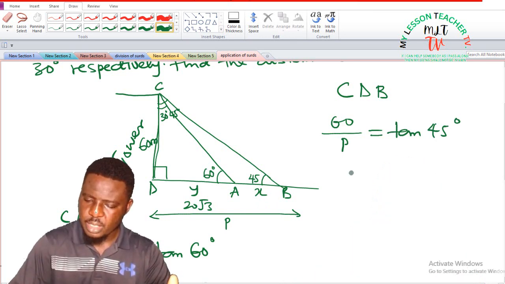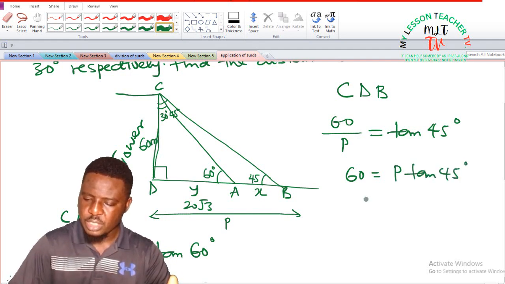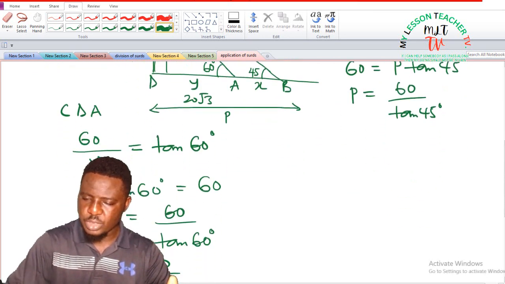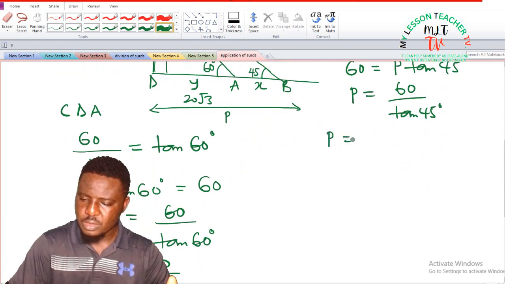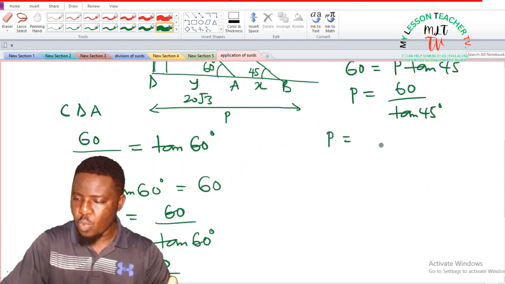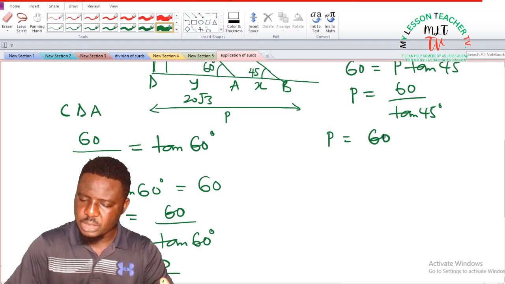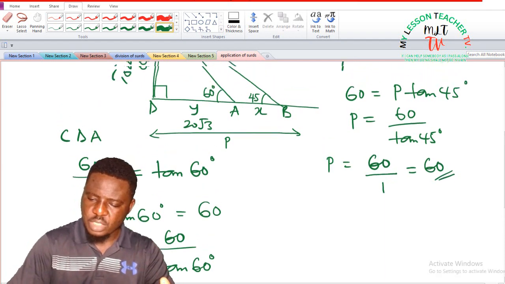And when you cross multiply, you have 60 is equal to P tan 45 degrees. Dividing both sides by tan 45, you have P to be equal to 60 divided by tan 45 degrees. I will then substitute at this point. For tan 45 is said to be 1. This now becomes 60 divided by 1. And 60 divided by 1 is said to be 60.